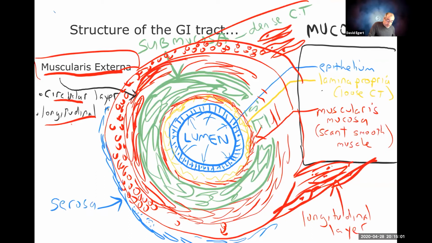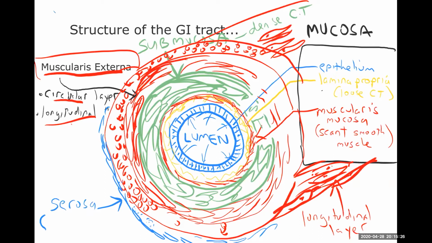So any place where the tube is not coated in the serous membrane, then it's got just dense connective tissue on the outside. Do people remember the generic term? We used it when we talked about the outside of blood vessels. What was that dense connective tissue on the outside of blood vessels called?